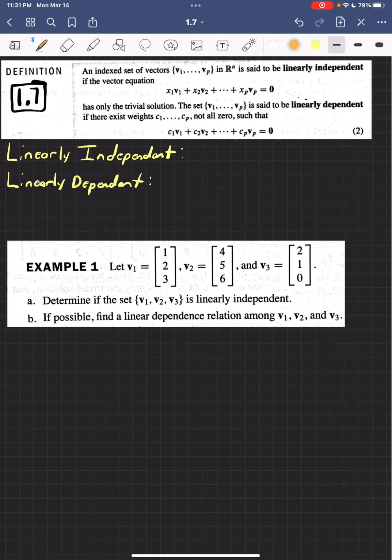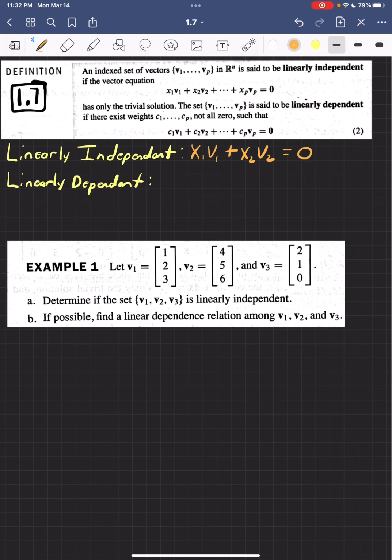It's already written above, but just to rewrite it, they're using x sub 1 to represent the scalar portion and v to represent the vector. So x sub 1 v sub 1, plus x sub 2 v sub 2. I could keep going because this can be extended to more than just two vectors, but the idea is that it's equal to 0.